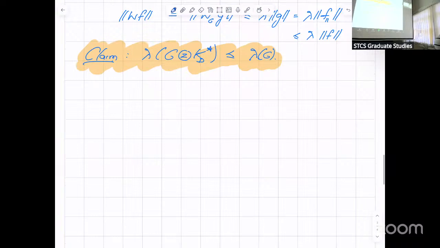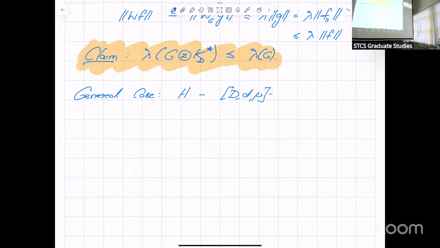But now let's come to the general case, when H is a D, mu spectral expander. In this case, what did we notice?